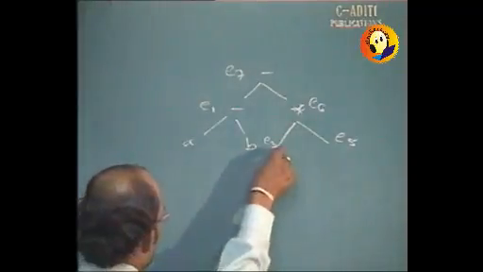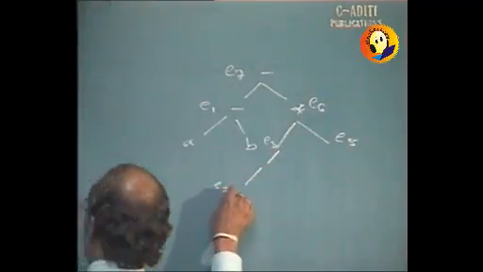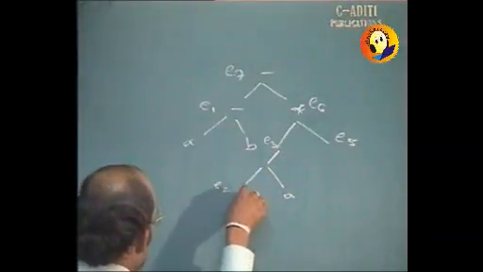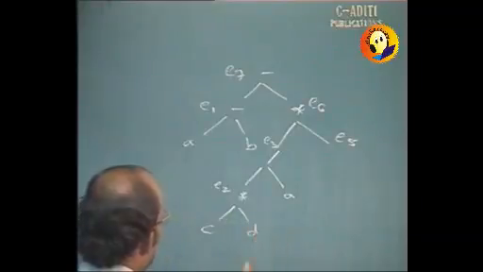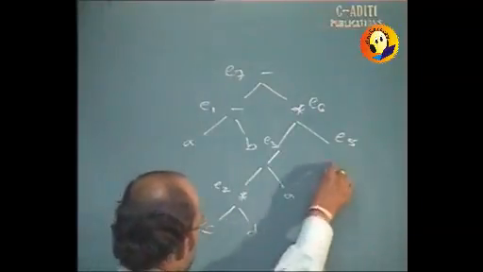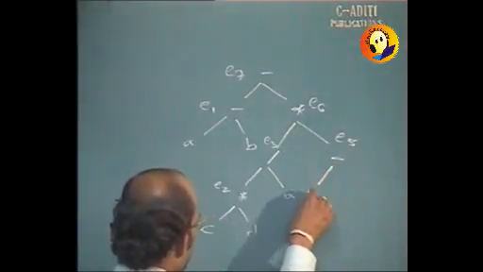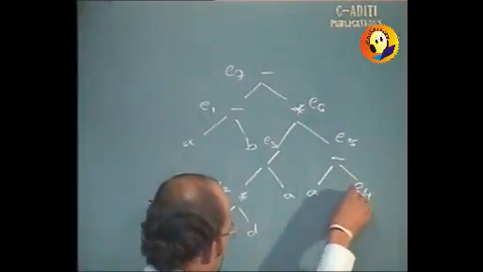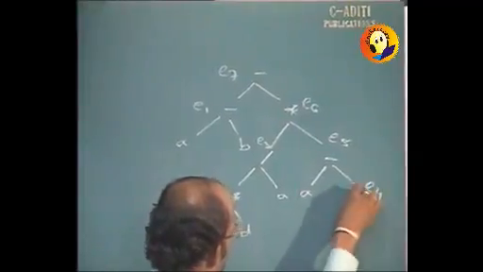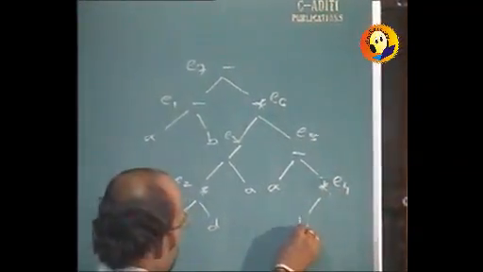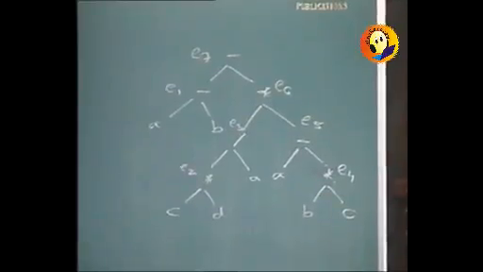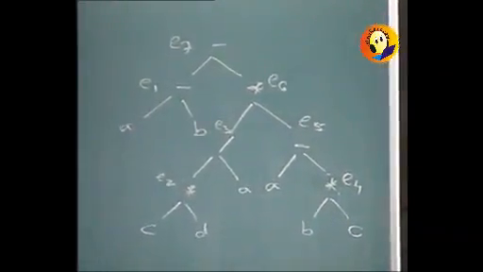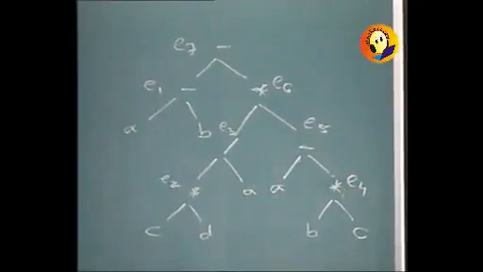E3 is division of E2 and A, and E2 is multiplication of C and D. E5 is subtraction of A and E4. E4 is nothing but the product of B and C, where we can express it in the form of the tree. Okay, make a note.